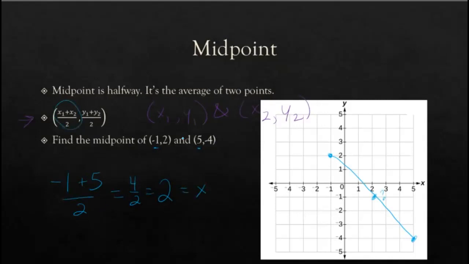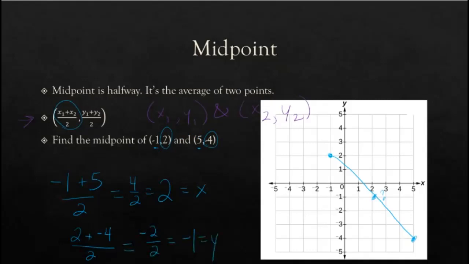And my answer for my y is going to be the average of my y's, my y1 plus y2, or this one plus this one. So 2 plus a negative 4. And then I want to take half of it. I want to average between them. So 2 minus 4 is negative 2, over 2 is negative 1.